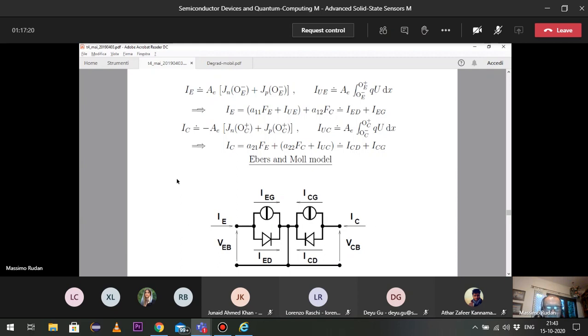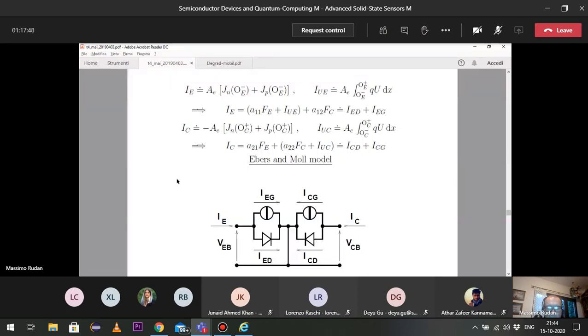If we repeat the analysis for the collector current, the analysis is just identical. The collector current is made of the sum of two blocks. So in a circuit, it must be represented as two bipoles in parallel with each other.